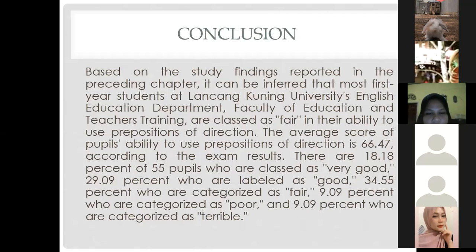The average score of students' ability to use prepositions of direction is 66.47.